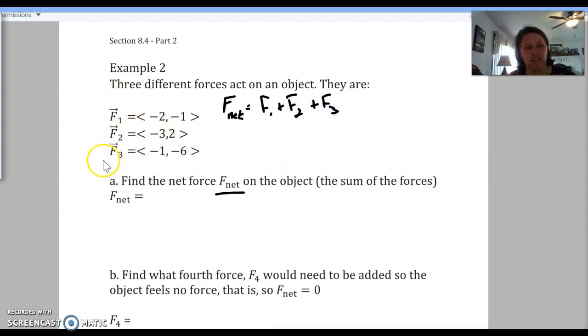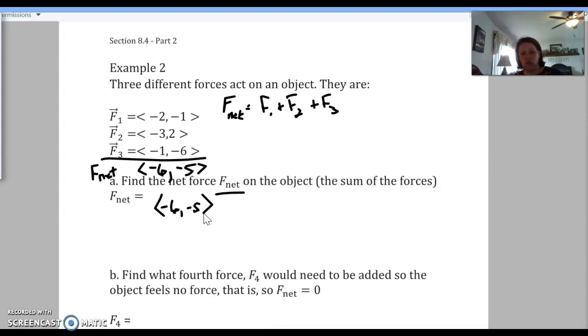So we could really just draw a line underneath here and add all of our x's down. So that looks like we're going to have -6. And then -5. And that is what we call our F net. Okay, so F net is going to be -6, -5.